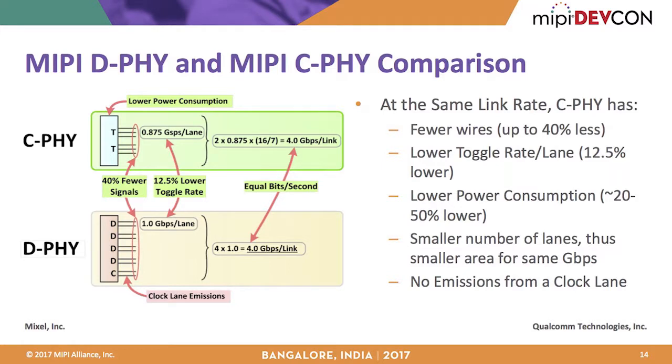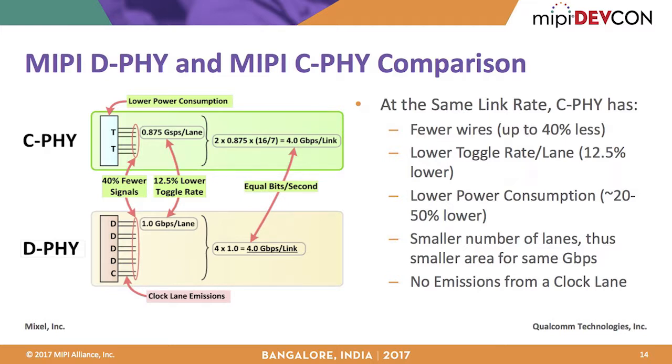This slide shows the saving that you can achieve with the C-PHY. If you start with the same total bandwidth and translate it into the C-PHY, how it would work, and the D-PHY, how it would work, you would see that for the C-PHY, you can use 2 lanes, each one running at 0.875.